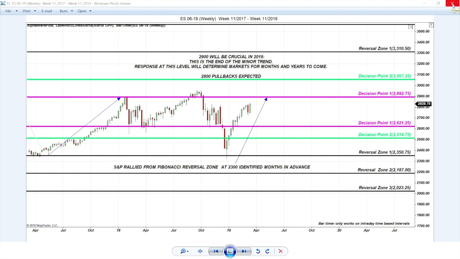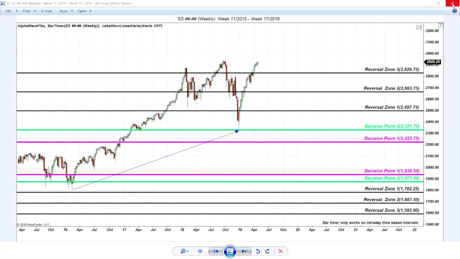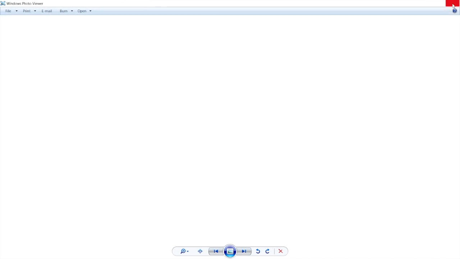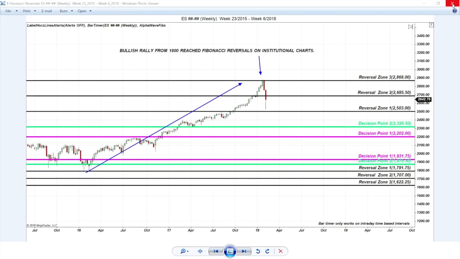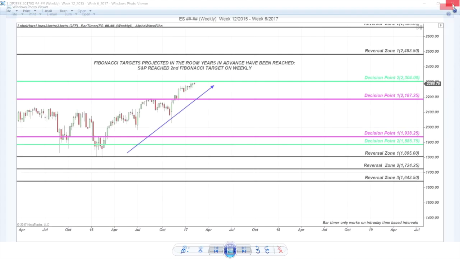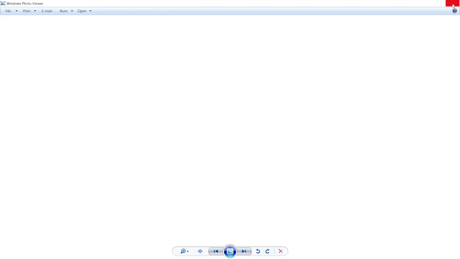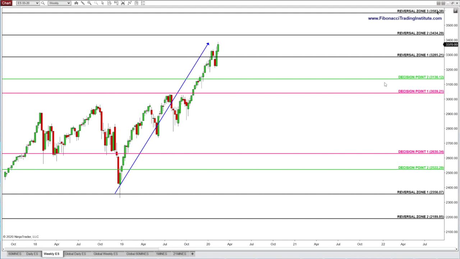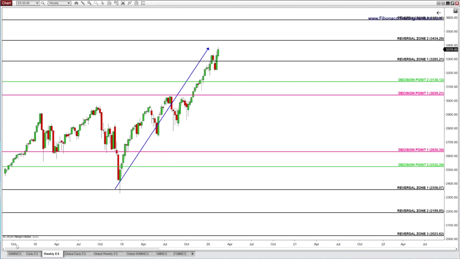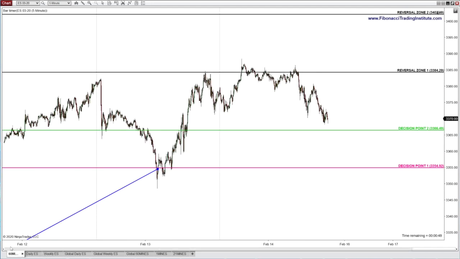So if I would take you back to the markets right now, it's an identical bullish rally that played out this week on day trading charts, all identified in advance, never ever after the fact. So if you can day trade, you can position trade. Nothing is a problem.